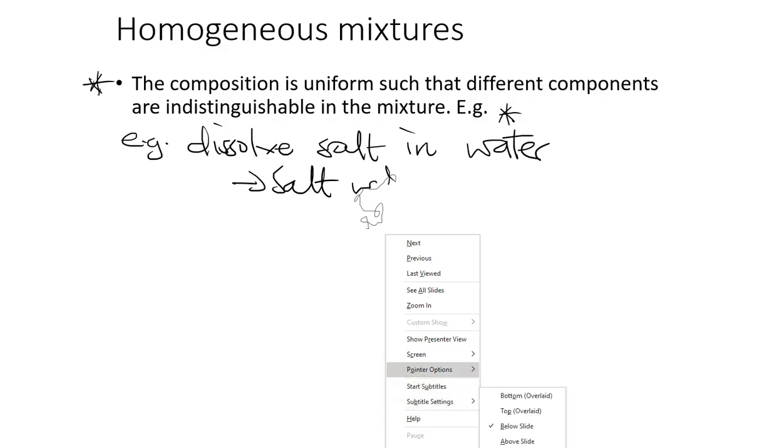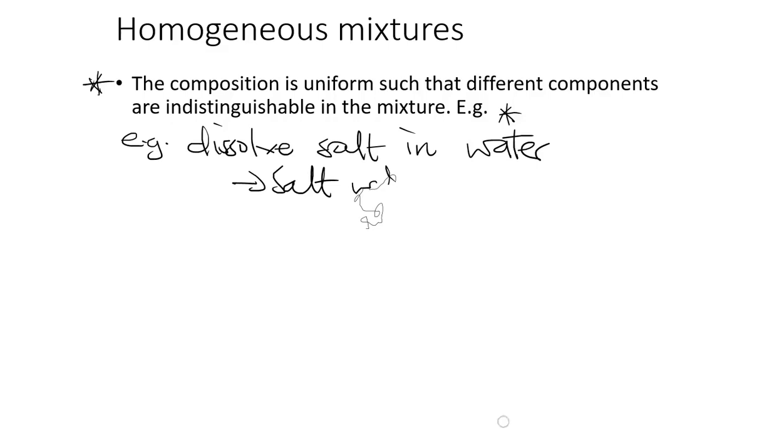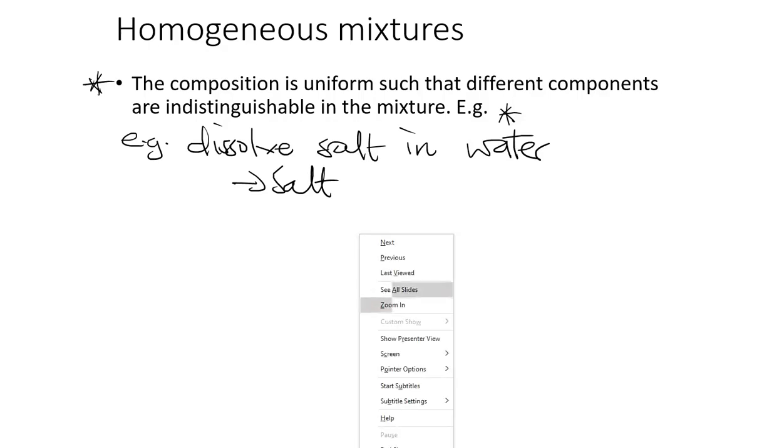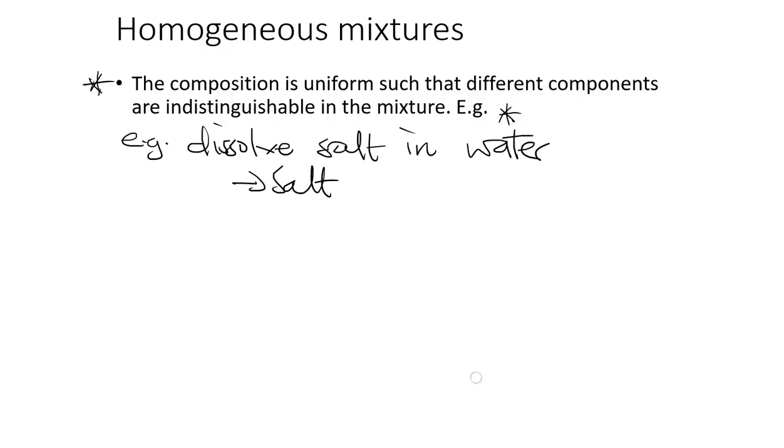If you mix salt in water, the salt will disappear, which means you cannot distinguish different components of this solution. You cannot look at the liquid and say this part of the liquid is salt, this part of the liquid is water. It just looks like water because everything is uniformly distributed in there.